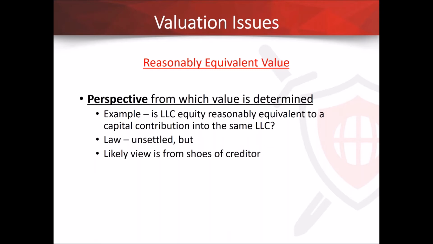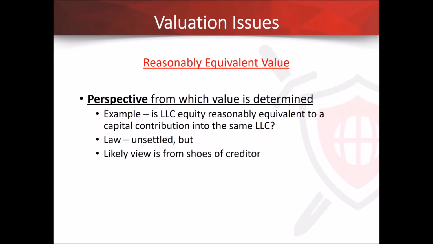So you can't really avoid paying a debt and claim, okay, you can't prove constructive fraudulent transfer because my assets and liabilities haven't changed. Because the problem is that the assets, although the value may not have changed, the value from the creditor's perspective is completely different because these assets are not reachable.